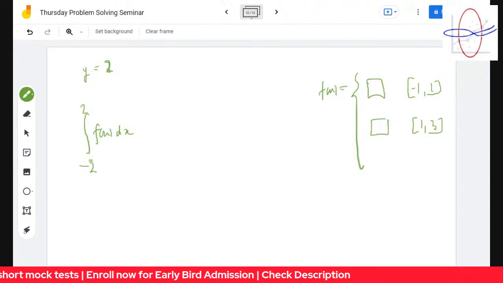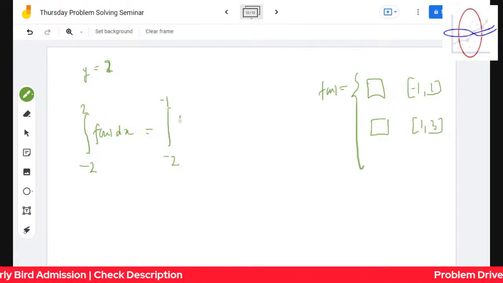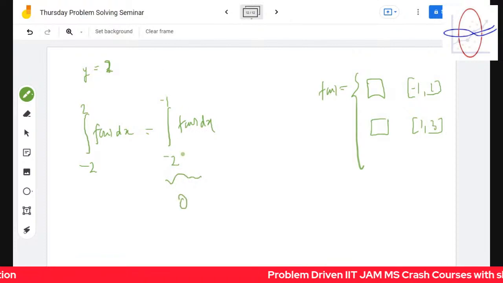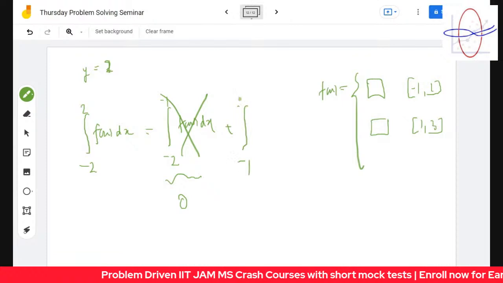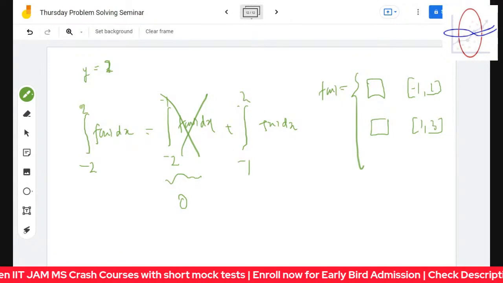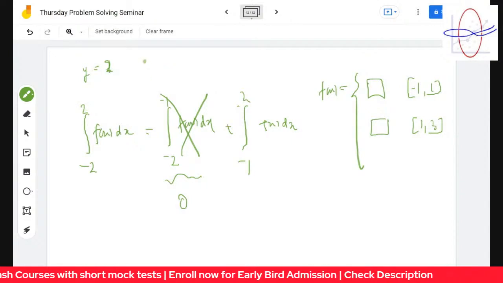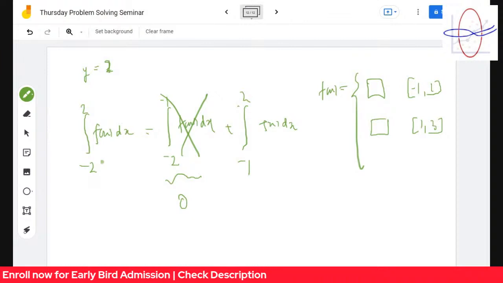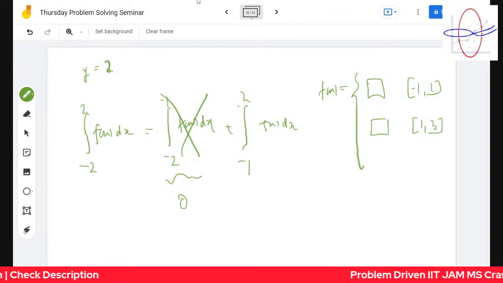So you can write it as the integral from minus 2 to minus 1 of f(x) dx. In this region it's 0 actually, because it's not defined over here. So we write it as plus the integral from minus 1 to 2 of f(x) dx. And it's not only for 2, it's actually for any y greater than 1. It would hold for 1.1 also, because the extra part between minus y and minus 1 is 0.